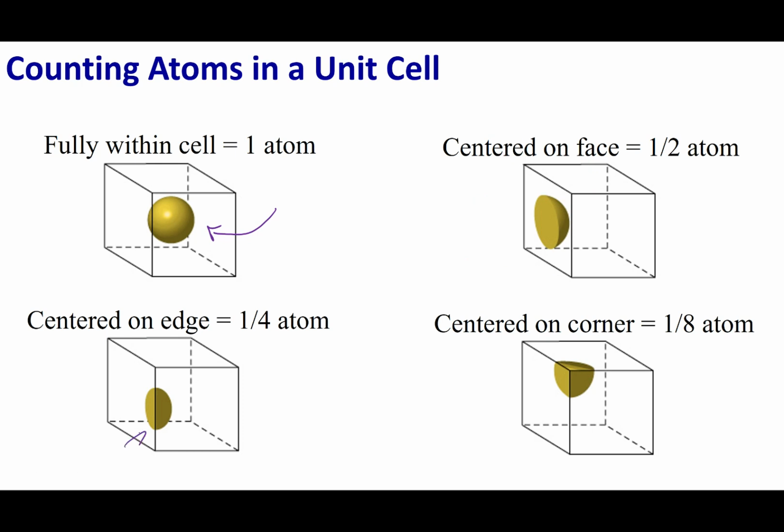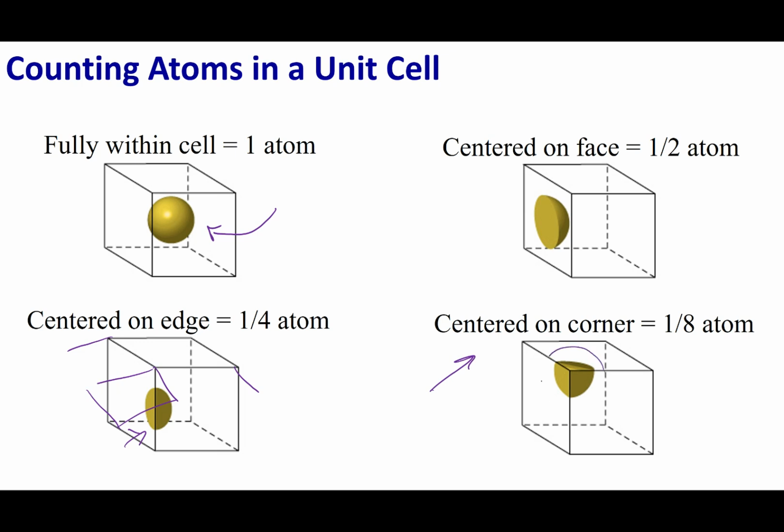If an atom is on the edge, it counts for a fourth of an atom. And again, what you can see is that if I draw the unit cells all around here, you can see that I fully generate that atom on the edge, and I will need 4 unit cells to complete that atom, which means that a fourth of an atom is in each cell. And then lastly, if you have an atom on the corner, it counts for 1/8.